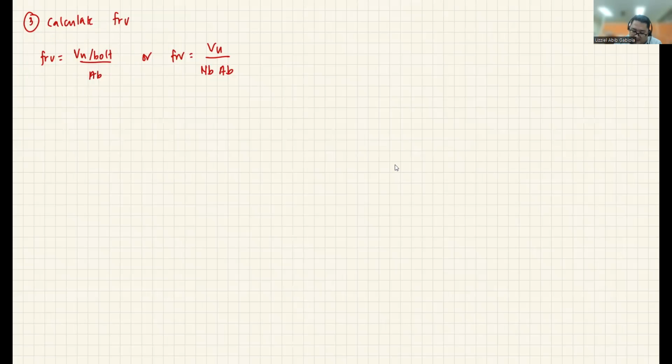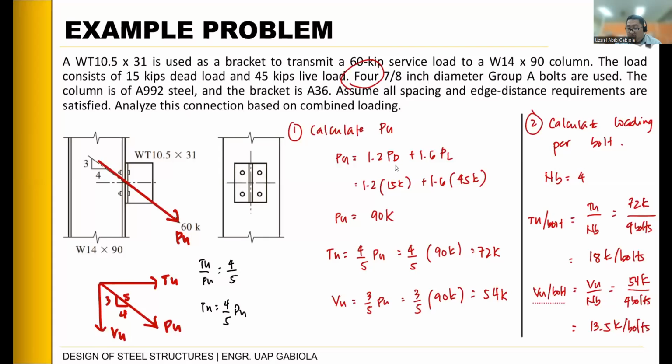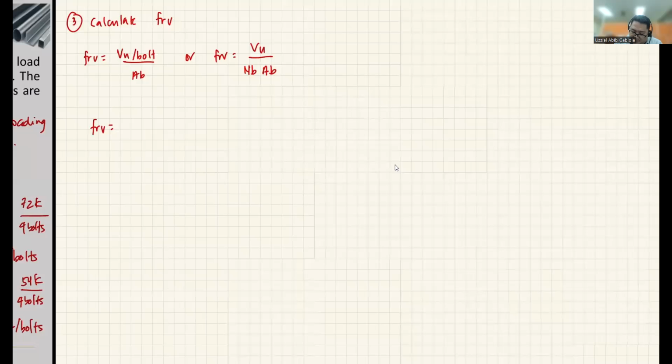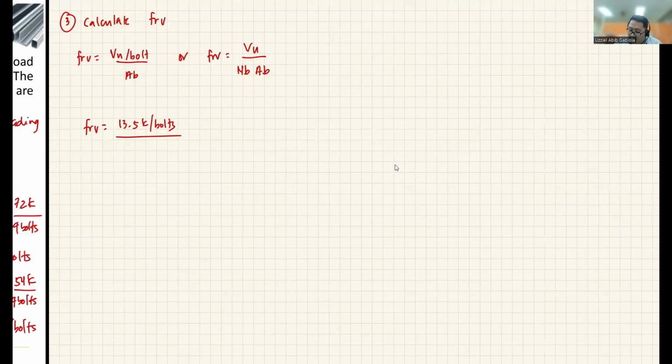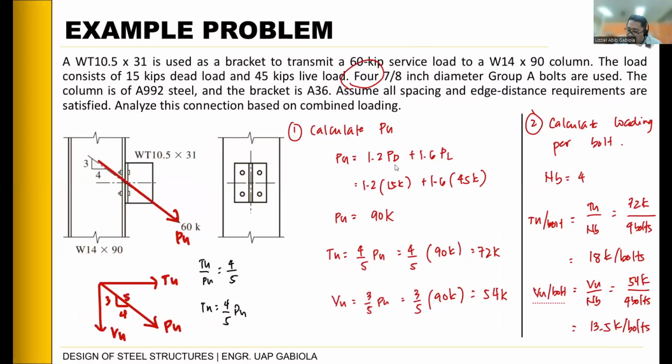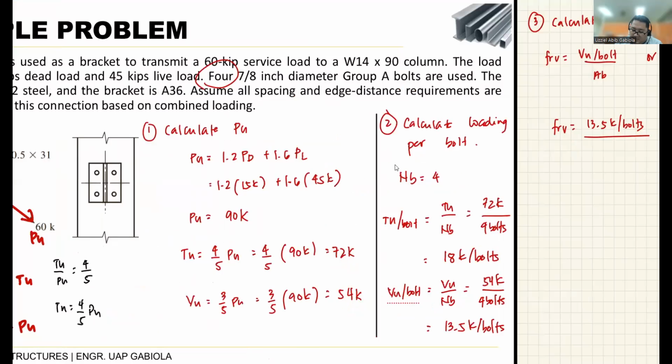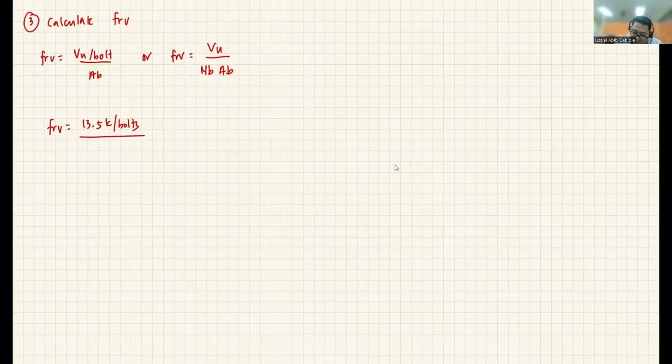Okay? So to calculate FRB, yung VU natin per bolt is 13.5. Okay? Ito yun, VU, 13.5 kip per bolt. And then we have AB. So, ang bolt natin is a 7/8 inch diameter. Okay? So, area ng bolt, area ng circle lang naman yun, pi over 4 times 7/8 inches, squared.